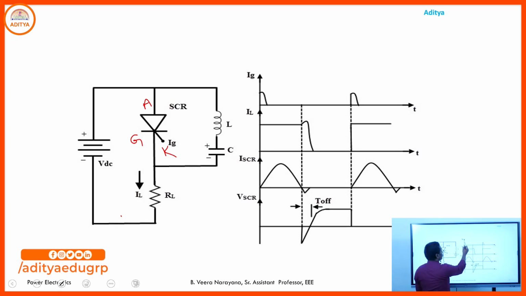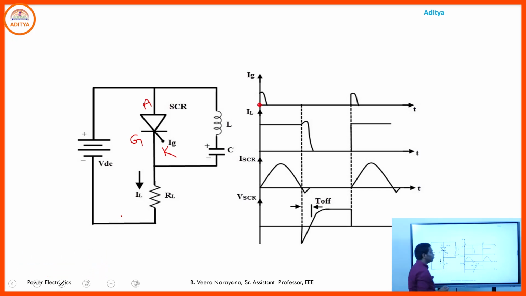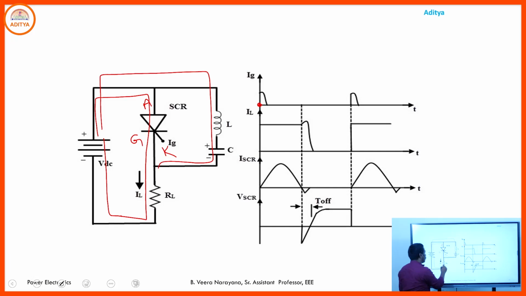So at time t equal to 0, the SCR comes to the on state. Once the SCR is on, two currents flow. One is through the source, SCR, RL and VDC minus. Another is through the source, inductor, capacitor, load resistance and the source.